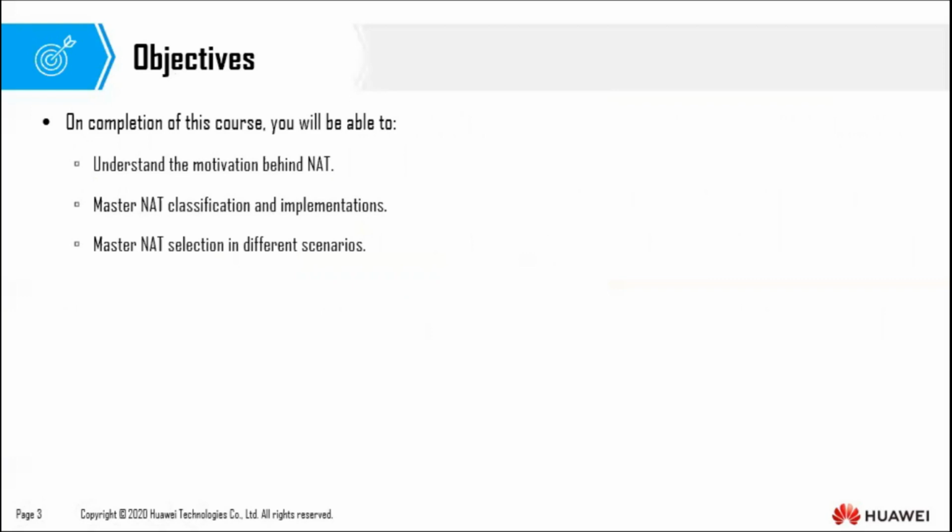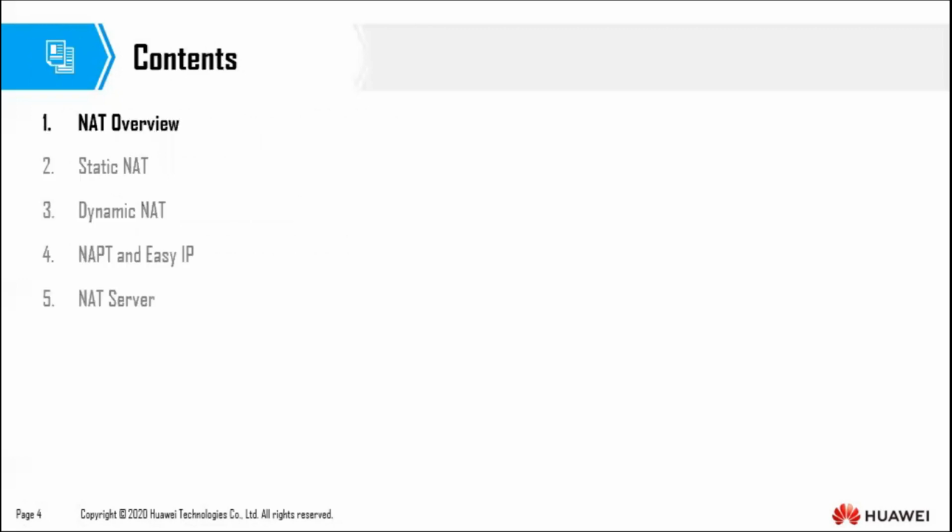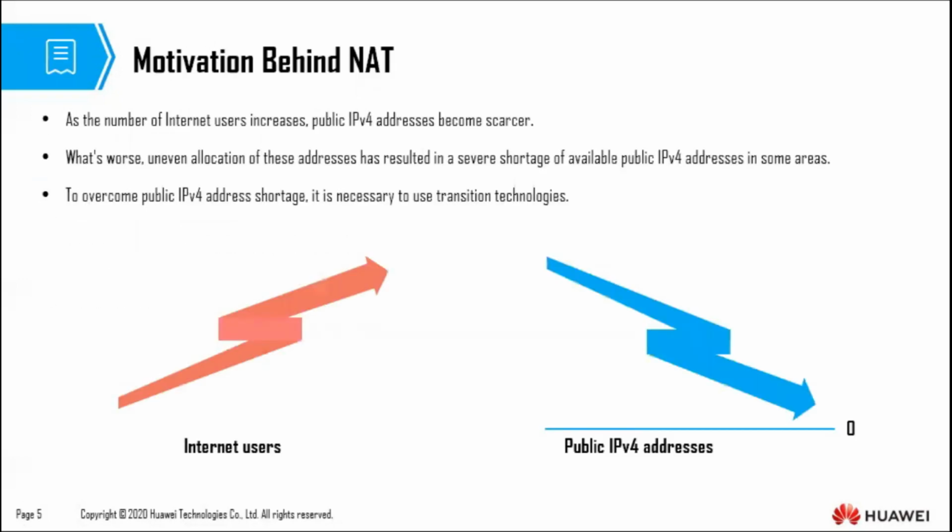On the completion of this course, you'll be able to understand the motivation behind NAT, master NAT classification and implementation, master NAT selection in different scenarios. Wonderful. Okay, so let's have the overview of NAT.